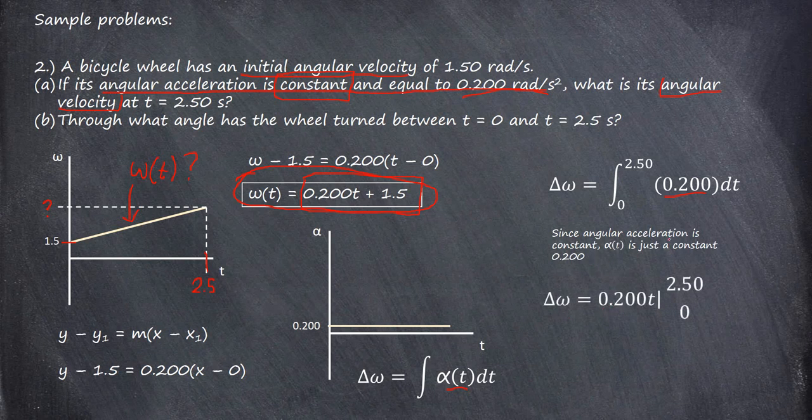So our delta omega is 0.2 times t. I hope you know how to do that from the rules of integration. Evaluated from 0 to 2.5, and what we are left with is 0.2 times 2.5 minus 0, and our delta omega, we expand that to omega f minus omega i because we're interested only in omega f.